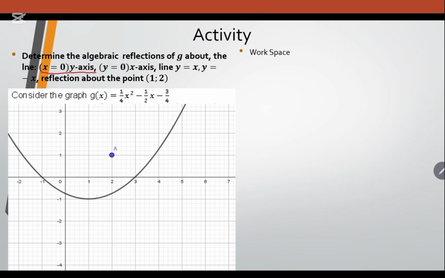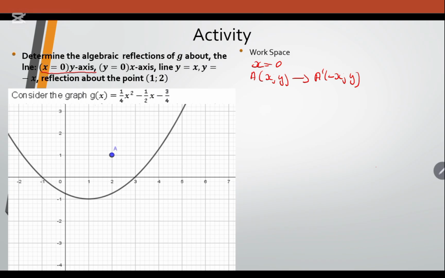So from our work there, we saw that for the reflection of a point about the line x is equal to 0, the value of x changes the sign. So this becomes -x and y.